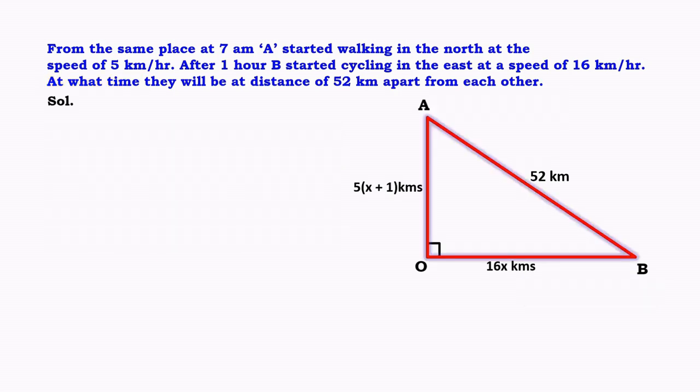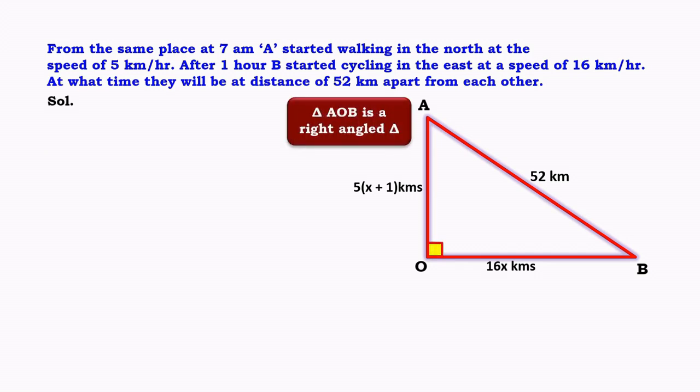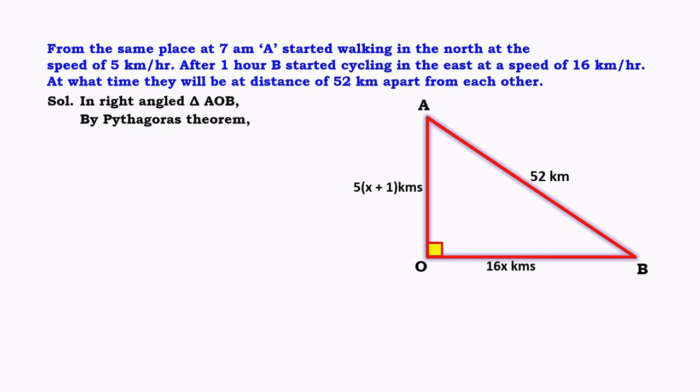Now, the paths followed by A and B form a right-angled triangle. So, we can apply Pythagoras' theorem. According to Pythagoras' theorem, the square of the first side plus the square of the second side is equal to the square of the hypotenuse.